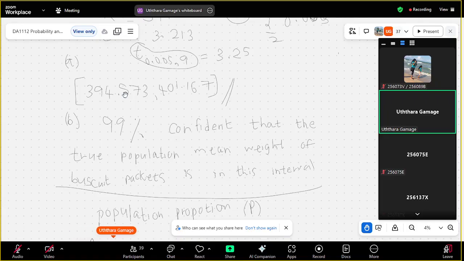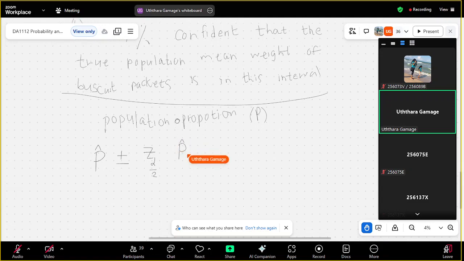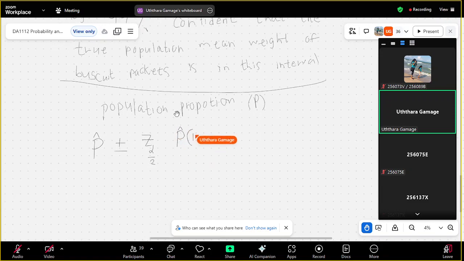P hat, the sample proportion, is the point estimate, plus or minus Z value of alpha divided by 2 times the square root of sample proportion P hat times 1 minus P hat, divided by N, right?